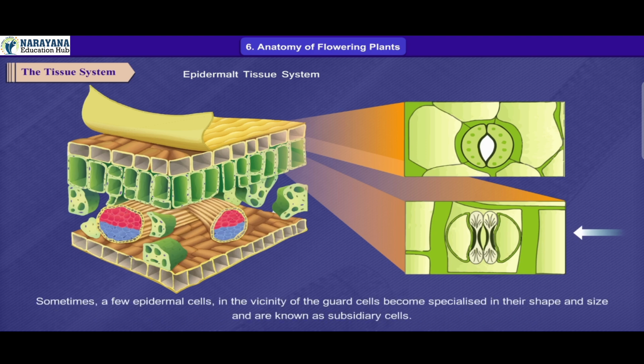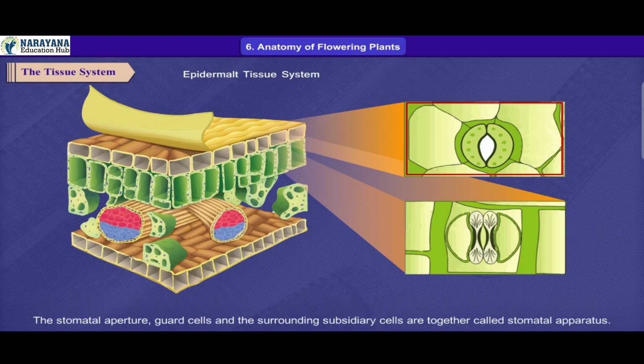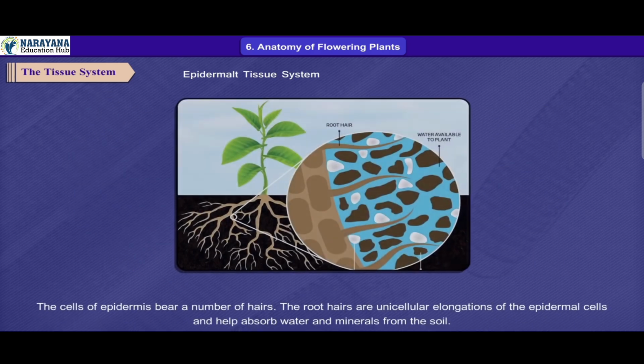Sometimes, a few epidermal cells in the vicinity of the guard cells become specialized in their shape and size and are known as subsidiary cells. The stomatal aperture, guard cells, and the surrounding subsidiary cells are together called the stomatal apparatus.